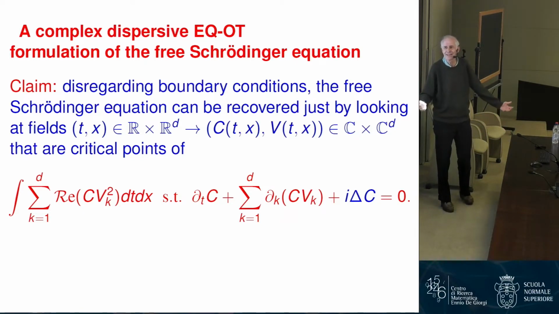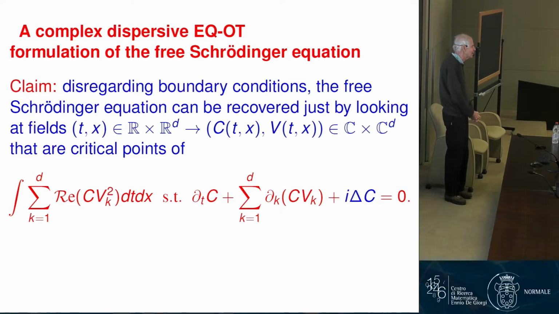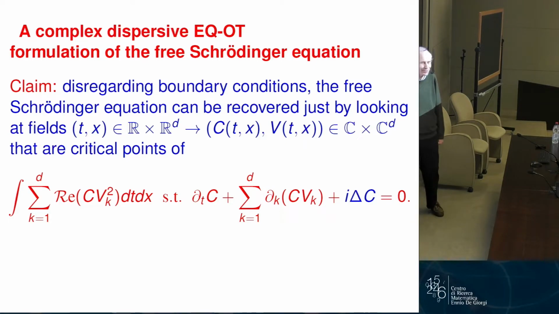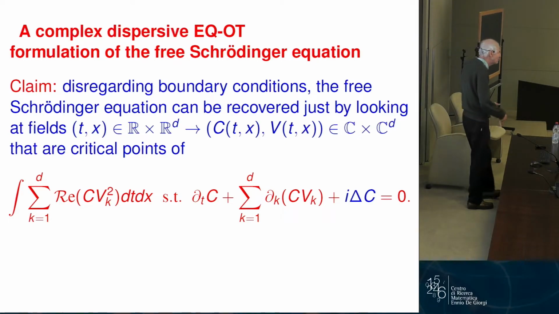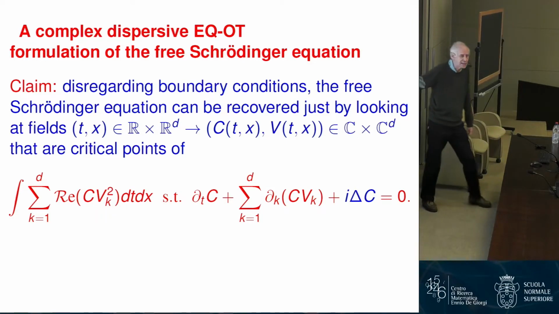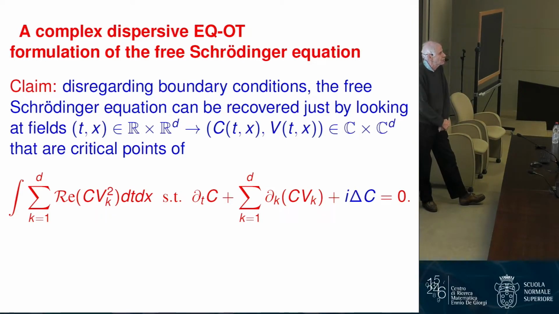You can say, okay, this is ridiculous because the Schrödinger equation is linear, and in the constraint, you see that the linear part of the constraint is already the Schrödinger equation. So it looks like putting the Schrödinger equation in an artificially complex, difficult framework. It's completely ridiculous. However, you can do the same trick for the logarithmic Schrödinger equation, which is nonlinear.